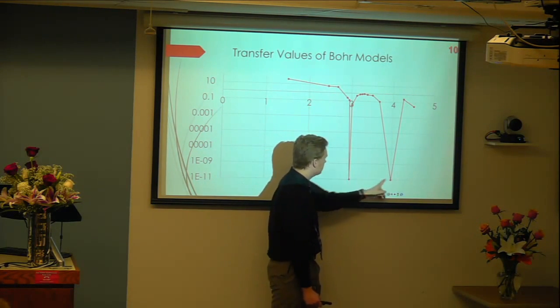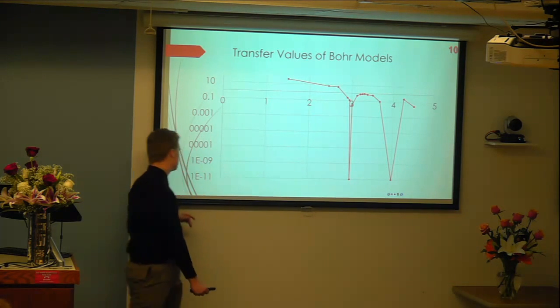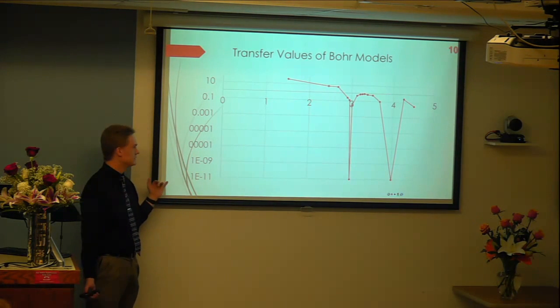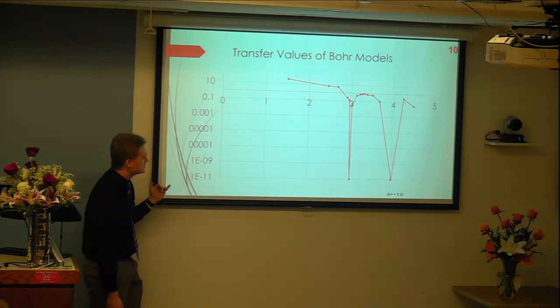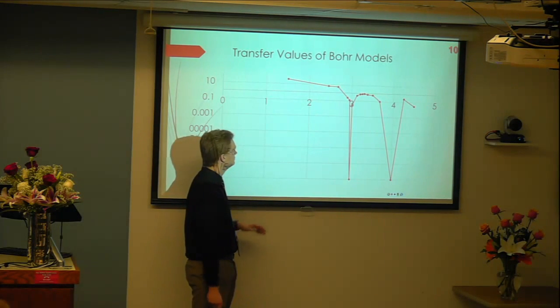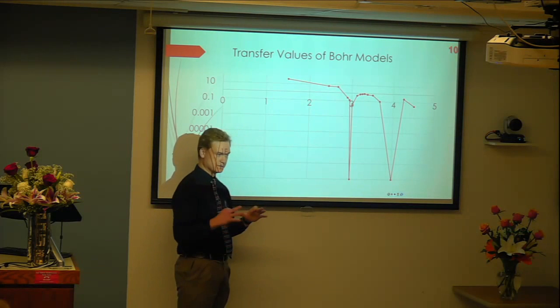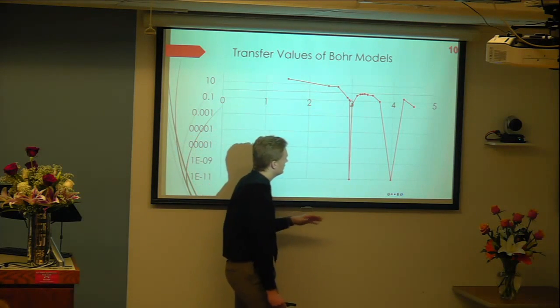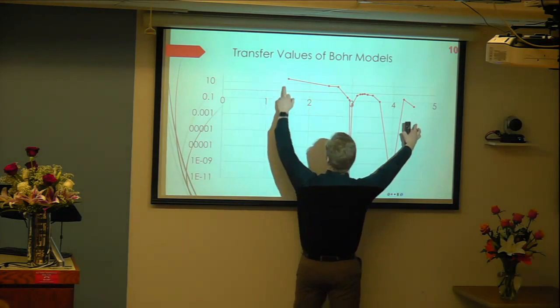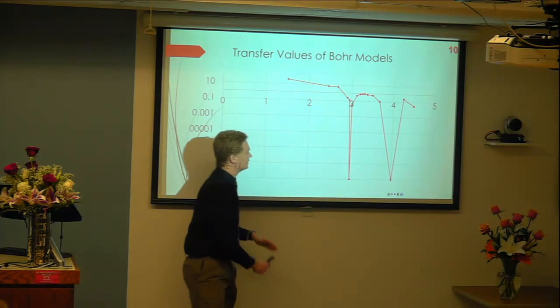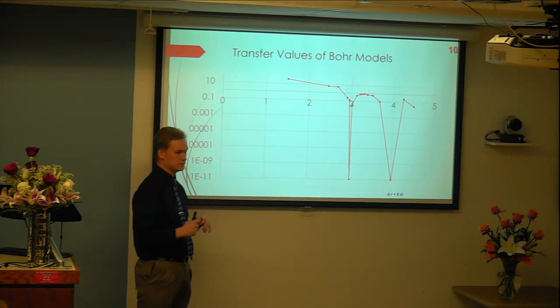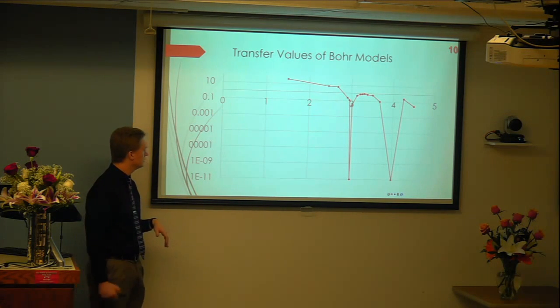Right at the integers 3 and 4, there are huge spikes of the transfer being basically 0. I also noticed that the increase in nodes also increases the size, the radius. This is 4.5 and this is 1.5. As it gets bigger, it also gets more stable, along with being closer to the integer value.